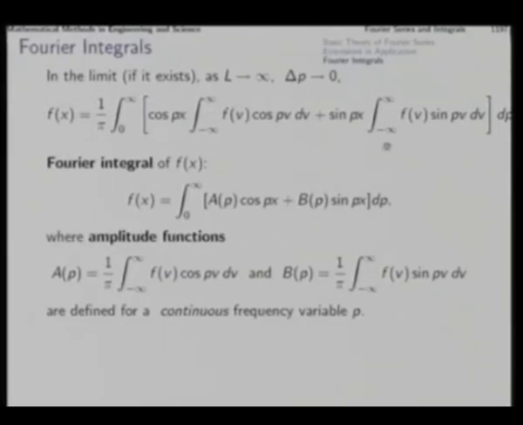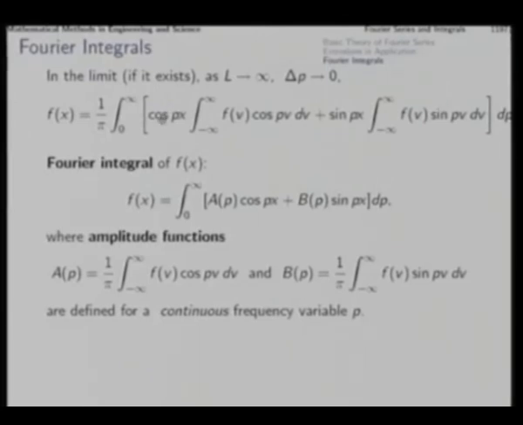So, the only difference here is that this is an integral rather than a sum of terms for large number of n's, and the coefficients are defined not for different values of n, but for the continuous frequency variable, which is p.